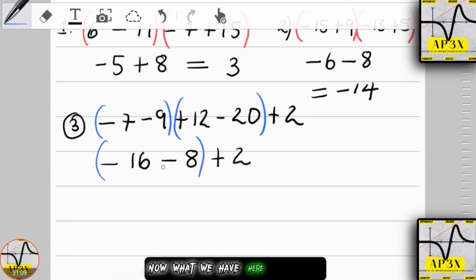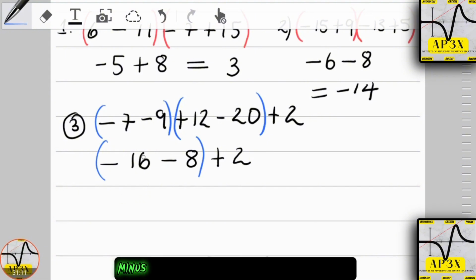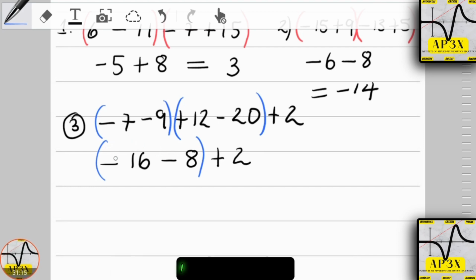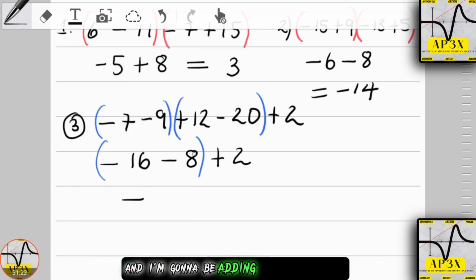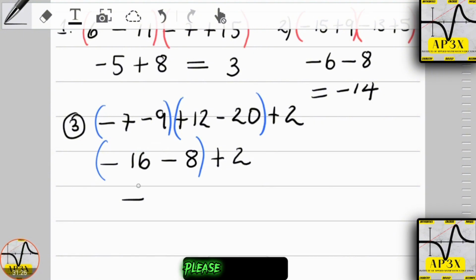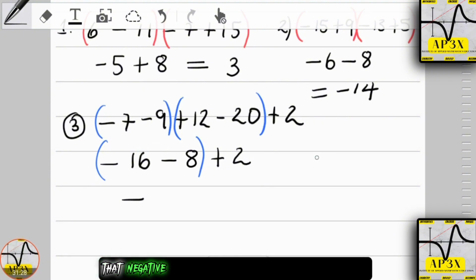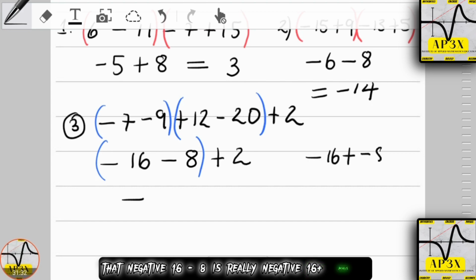So now what we have here is in fact minus 16 minus 8. We're still using method 1. Here I have the same signs, so I'm going to end up having a negative answer again. Then I'm going to be adding the 16 and the 8. Please be reminded that negative 16 minus 8 is really negative 16 plus minus 8.